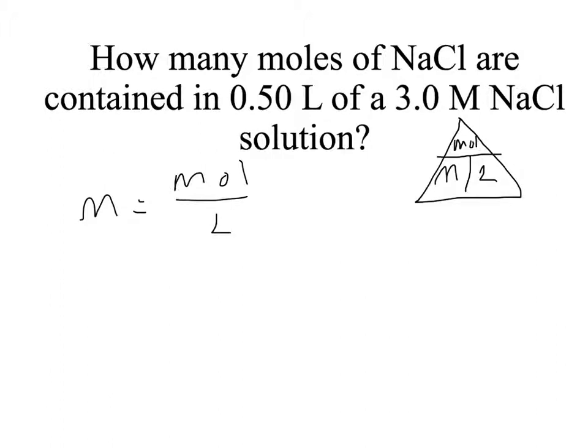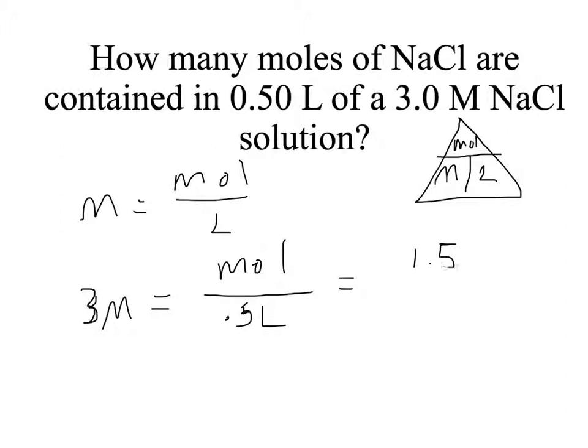Let's plug this stuff in. We have a 3 molar solution equals our moles over 0.5 liters. Now we do all that algebra and we end up with 1.5 moles of sodium chloride. See how we did that?